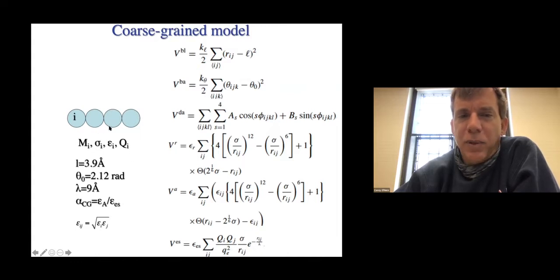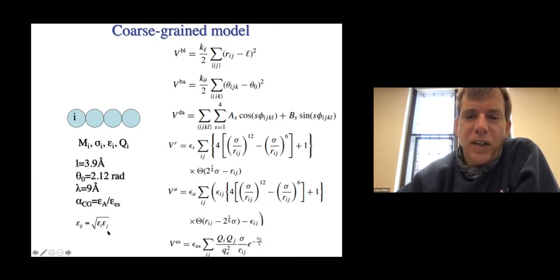And the overlap is based on the relative sizes of monomer 4 and monomer 1. And then I have an attractive Lennard-Jones potential, and that's supposed to mimic the hydrophobicity of the amino acids. So that's going to be related to the relative hydrophobicities of the monomers.